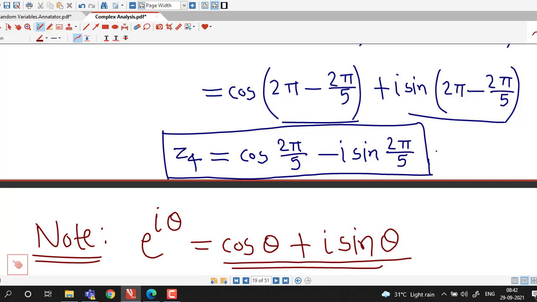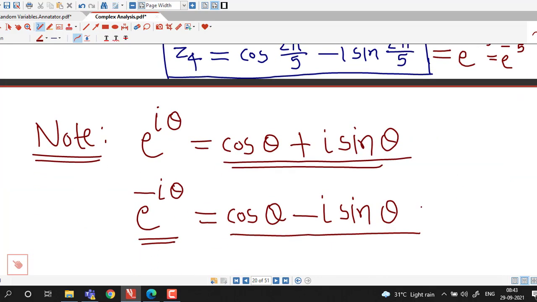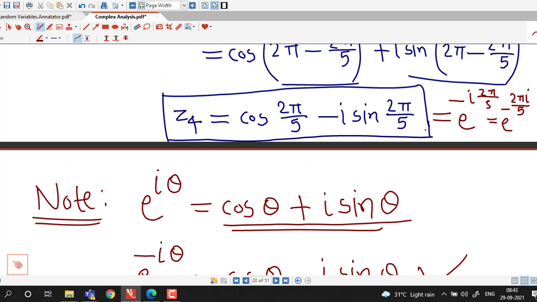So here if we wish, we can represent this as e raised to minus i into 2 pi by 5, or simply e raised to minus 2 pi i divided by 5 using this formula. Here we have used cos theta minus i sin theta equal to e raised to minus i theta with theta equal to 2 pi by 5.